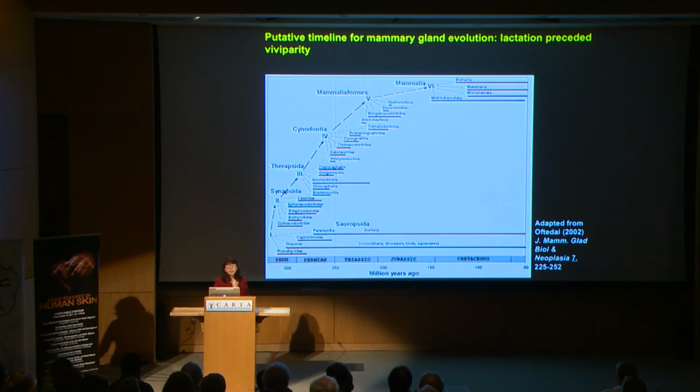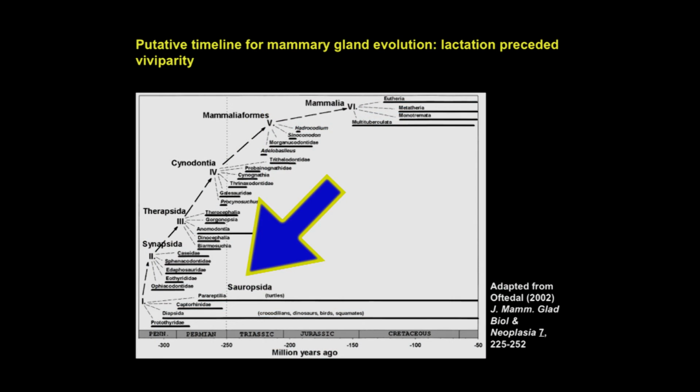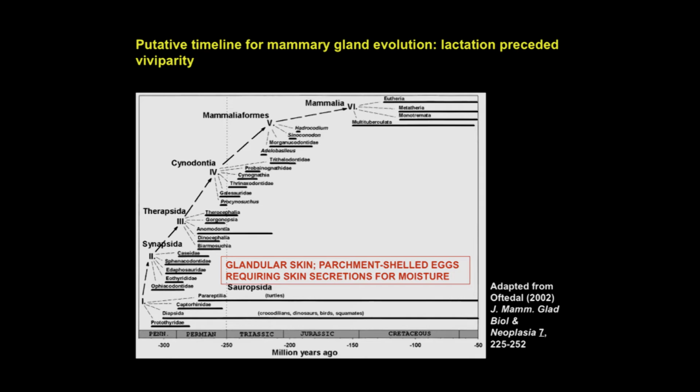If we look during evolution, our ancient ancestors, the sauropods, at least some of them were thought to have a glandular skin. And this was selected for in the therapsids. And these animals lacked scales, in fact, and had completely glandular skin.